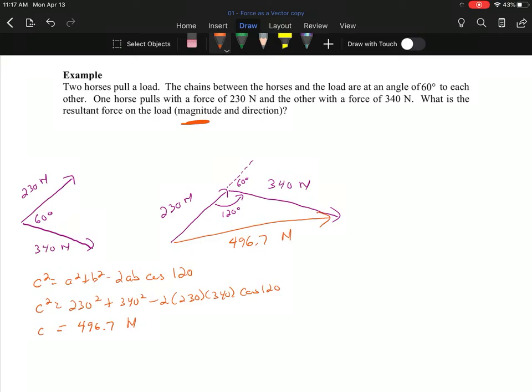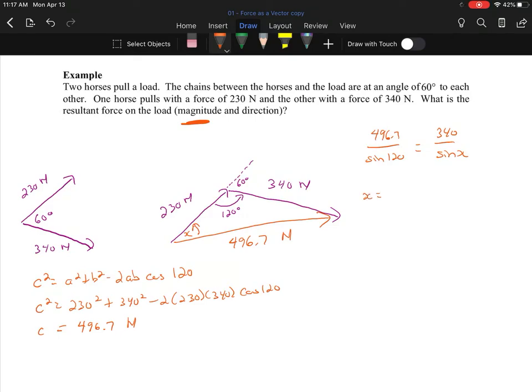Now, it says it wants to know the direction as well. So I'm going to find this angle in here. To find that angle, I'm going to give that spot a little label. I'm going to call that X. And so that part of it's going to be sine law. I'm going to have 496.7 over sine 120 equals 340 over sine of X that I've got there.